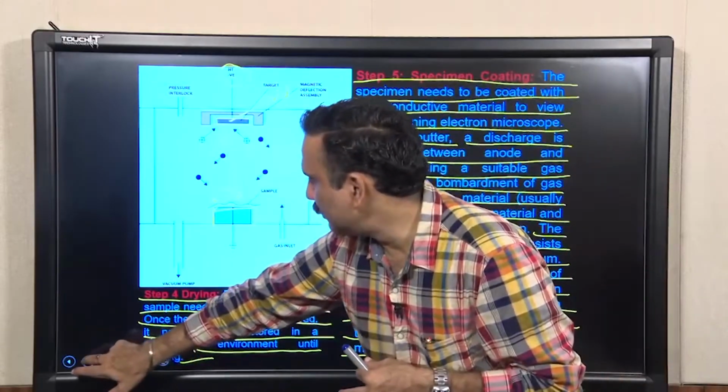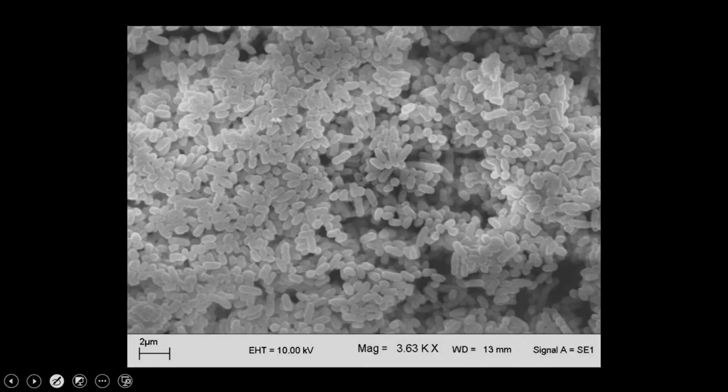And when you visualize, it will look like this. What you see here is the bacteria, and the surface of the bacteria looks like this because we have done some treatment, and so all the bacteria you see have a change in the surface chemistry. You also see some information like this: this is the scale at which the photo has been taken.